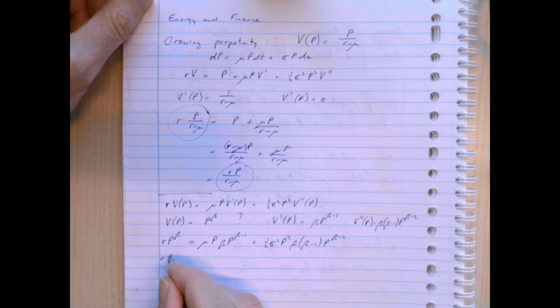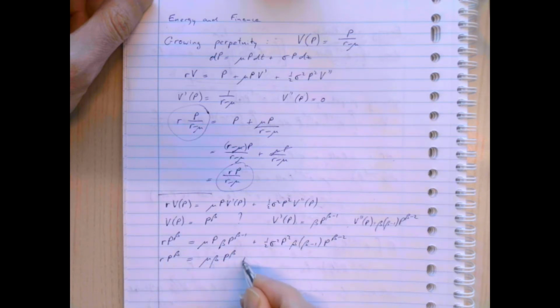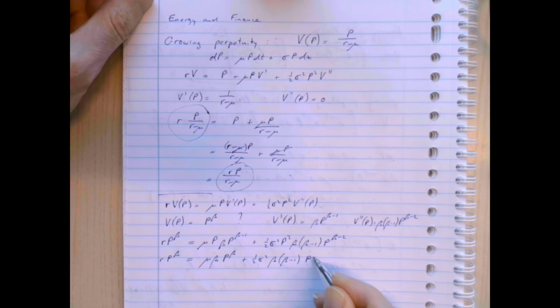Writing that out explicitly, we have on the left hand side r times P to the beta equals mu beta P to the beta plus a half sigma squared beta times beta minus 1 times P to the power beta.